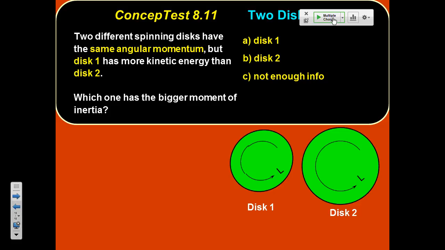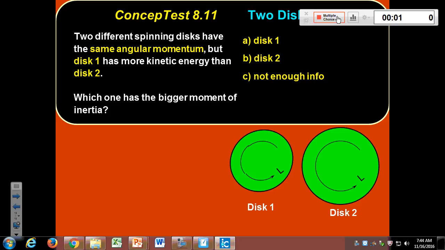All right, two different spinning disks have the same angular momentum, but disk 1 has more kinetic energy than disk 2. Which one has the bigger moment of inertia?